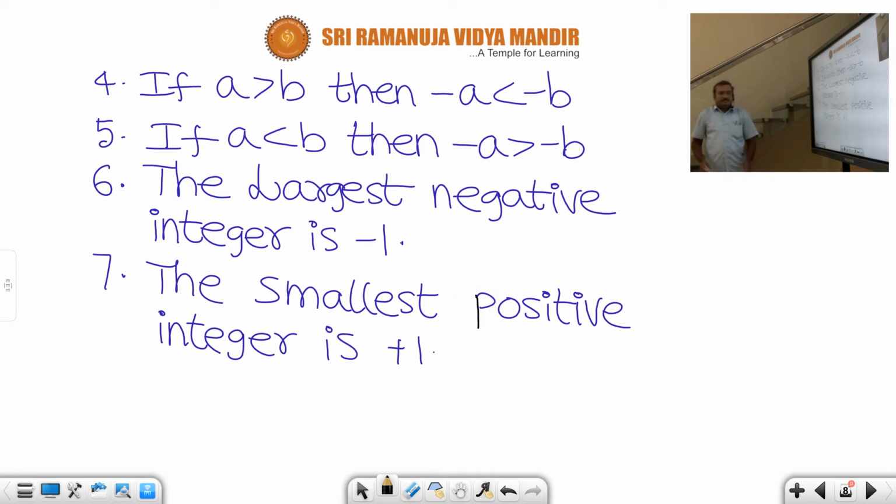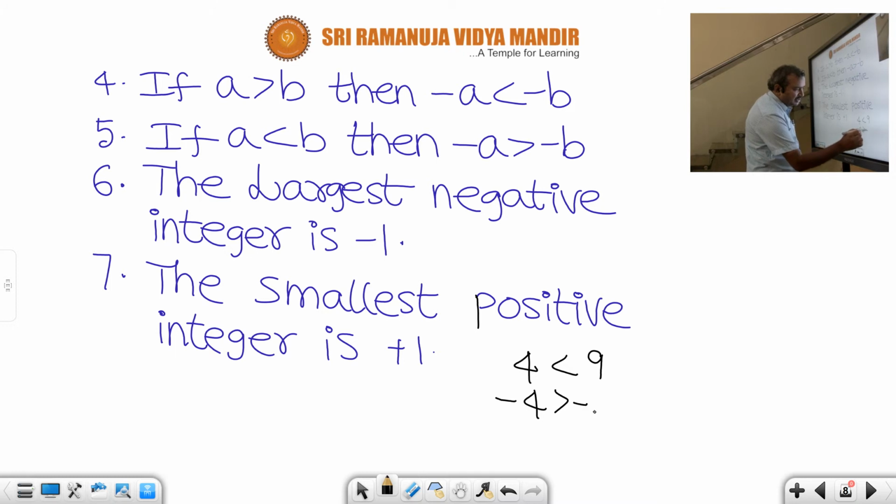Now next one. If you take any two positive integers such that a is less than b, like this, 4 less than 9, then minus 4 is greater than minus 9.